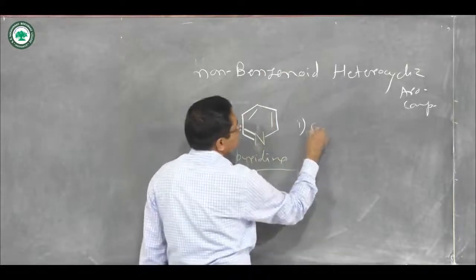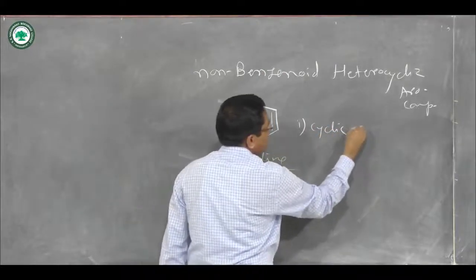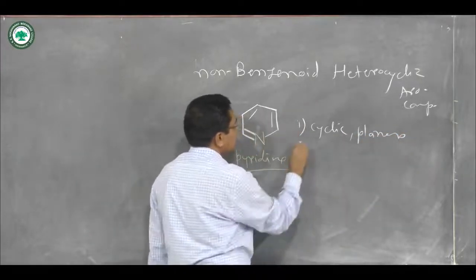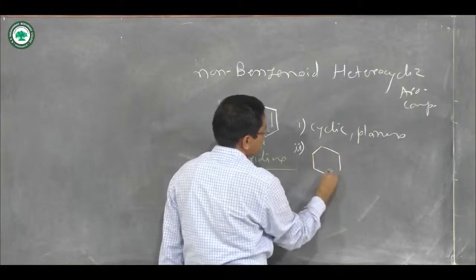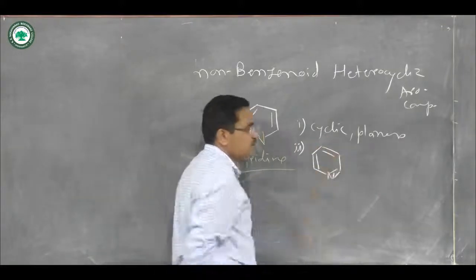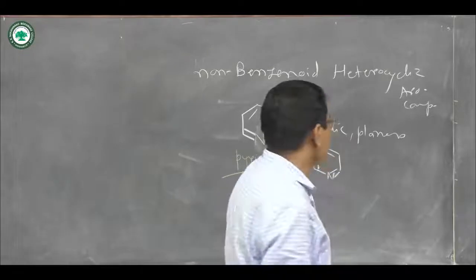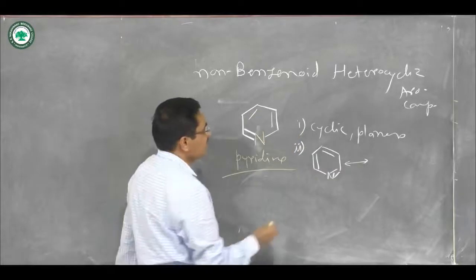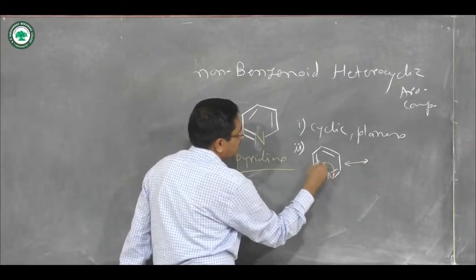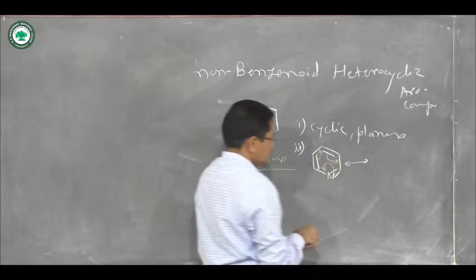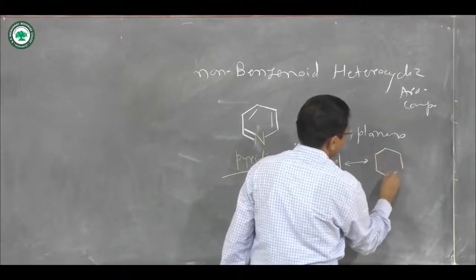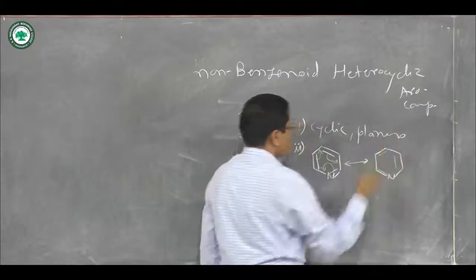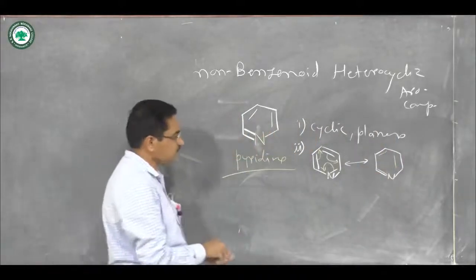Now here this compound is cyclic as well as planar. Second, there is delocalization of pi electrons. Actually pyridine is like benzene, the only difference is that one carbon is replaced by nitrogen, so there is delocalization of pi electrons, and we obtain another structure here. Okay, meaning there is delocalization of pi electrons.